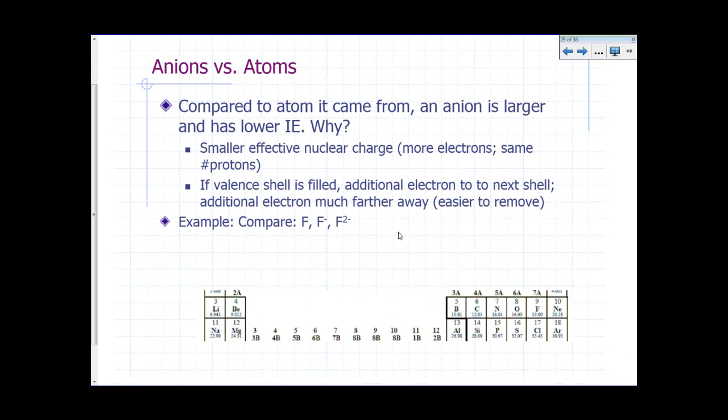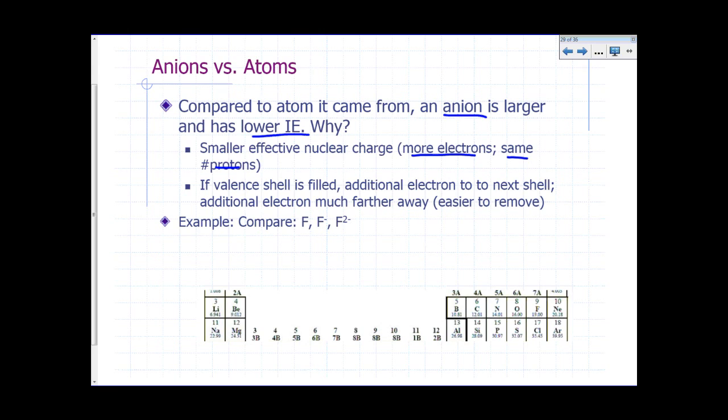Let's compare negative ions versus atoms. Compared to the atom it came from, a negative ion is going to be larger and will have a lower ionization energy. And the reason for that is you're putting more electrons, same number of protons, into the outermost shell, so that means extra shielding, extra repulsions that those electrons out there are going to feel because of the additional electrons you're putting in.